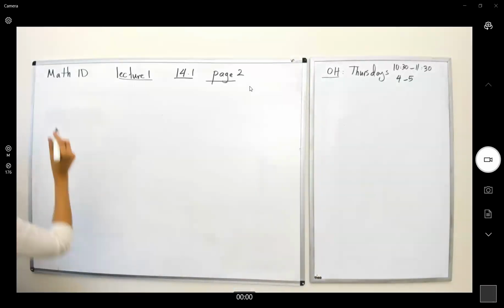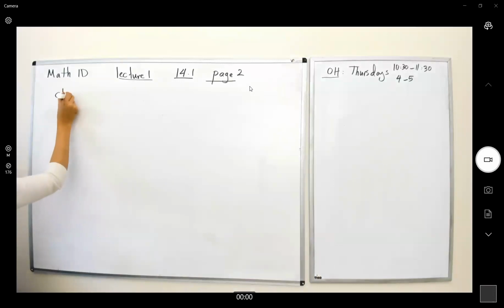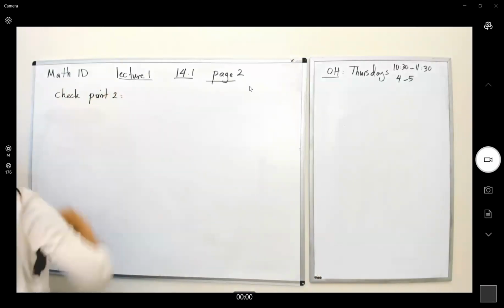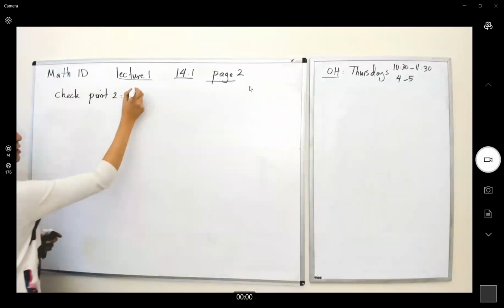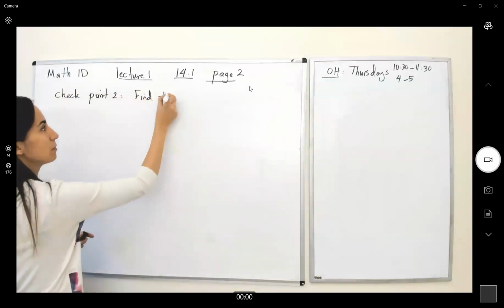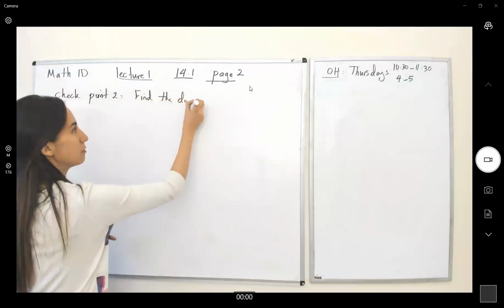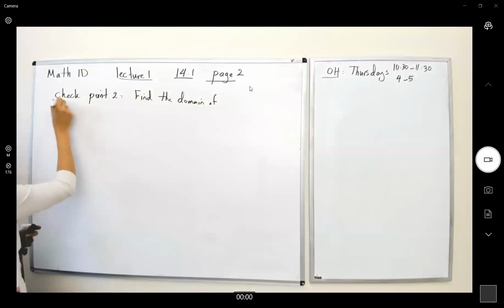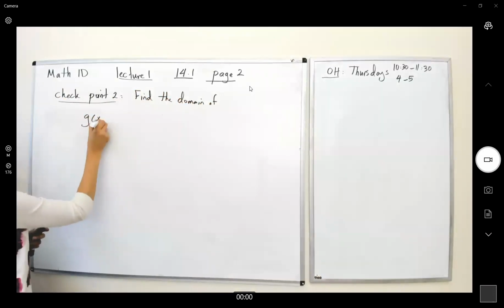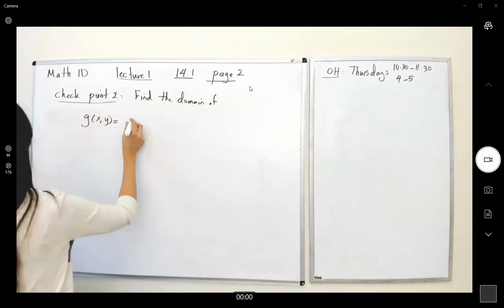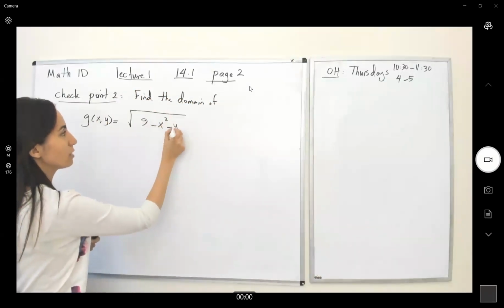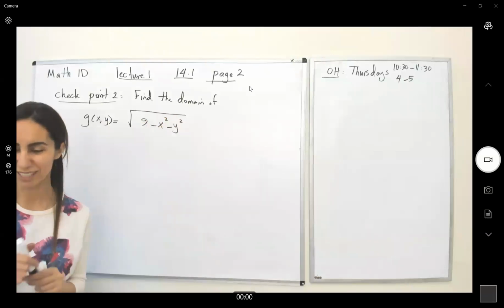Checkpoint 2. The question says find the domain of the function g of x and y equals the square root of 9 minus x squared minus y squared.